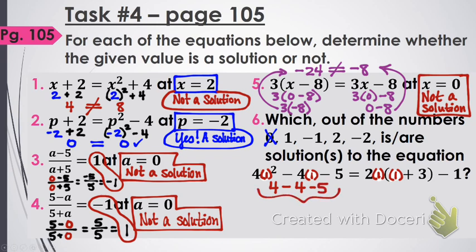What does this whole side come out to be? Negative 5. On the other side, I would have 2 times what? 2 times 4 minus 1. 2 times 4 is 8. And 8 minus 1? 7. Is this one a solution? Nope.